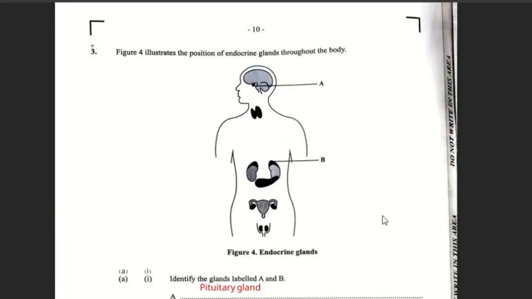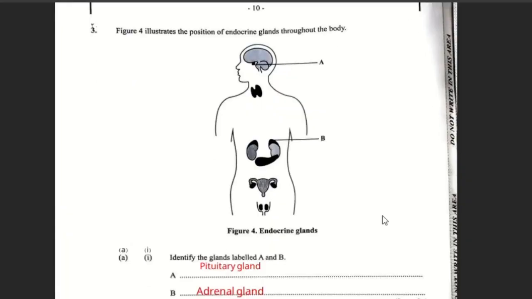Alright, so the next part is going to be the endocrine system. The endocrine system has literally everything to do with glands and hormones, right? The first part is saying identify the glands labeled A and B. From the A pointing in the brain, we know that is going to be the pituitary gland.